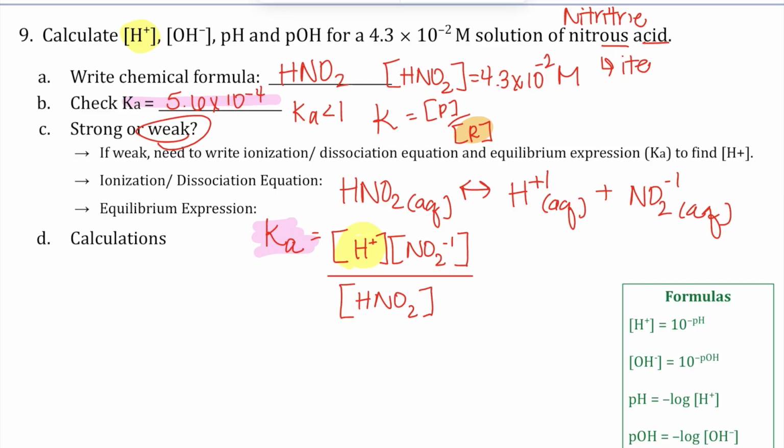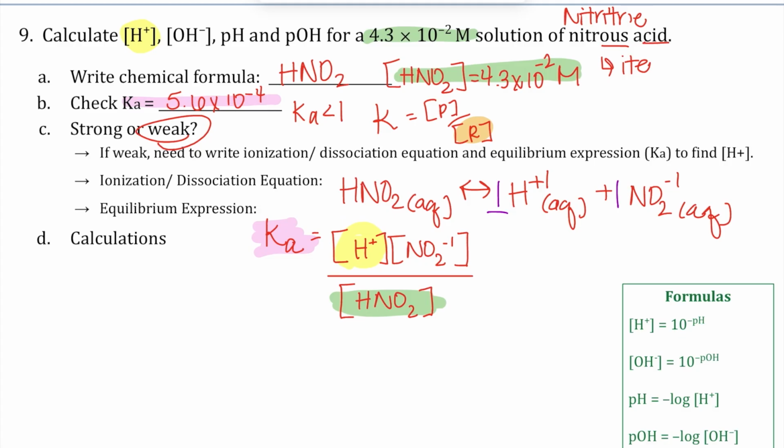I also know the concentration of my nitrous acid solution is that 4.3 times 10 to the negative 2. That was given to me in my problem, so I can plug that in there. I have this information, I'm looking for this, but if I don't have this, I do know that I have one H plus and I have one NO2 minus.